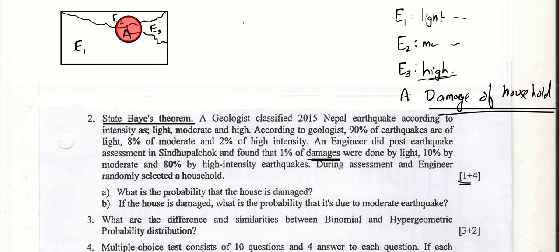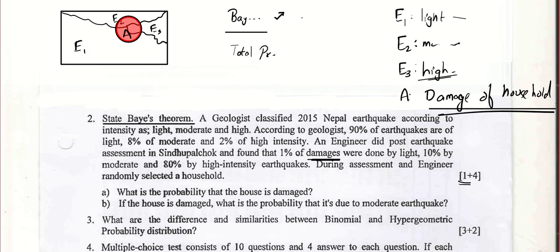Once you have done with naming the events E1, E2, E3, A, you should always search for 2 types of possible question. One type will be related to Bayes theorem and another type will be related to total probability. To identify it easily, there is a trick. Bayes theorem will be a specific question.